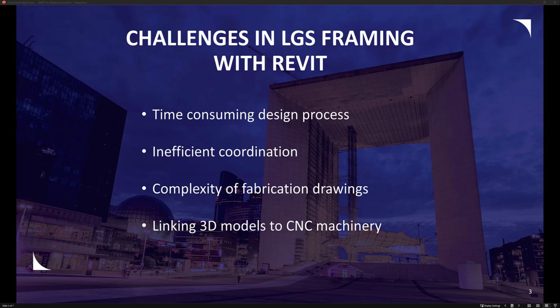Coordinating with multiple teams around the structural framing, and the process of fabricating drawings and other documents such as cut lists, can be error-prone and tedious. We find that users struggle to find a global solution to bridge the gap between Revit and their CNC machinery or cold former.